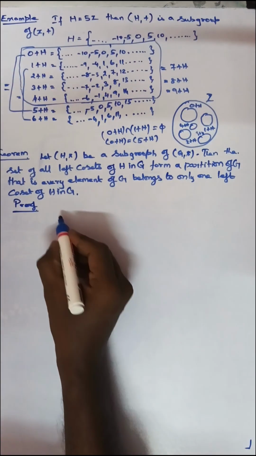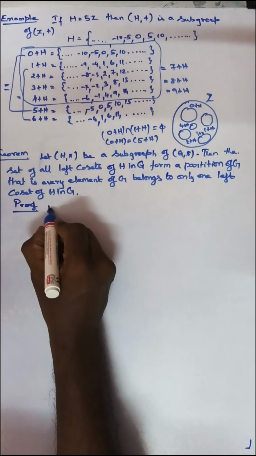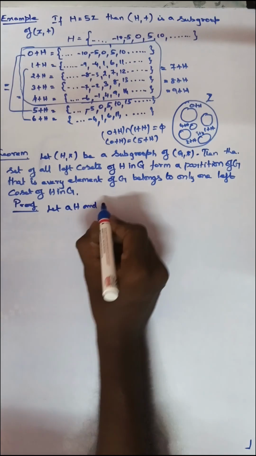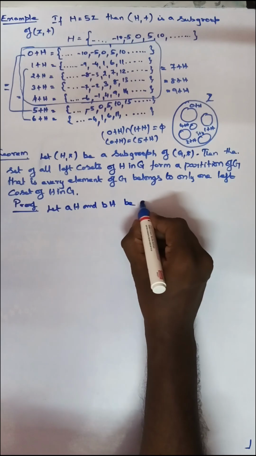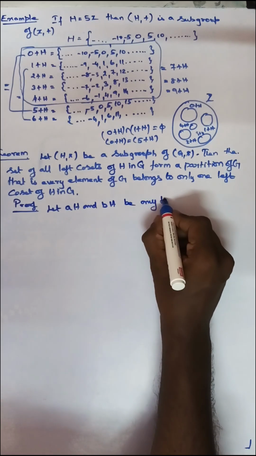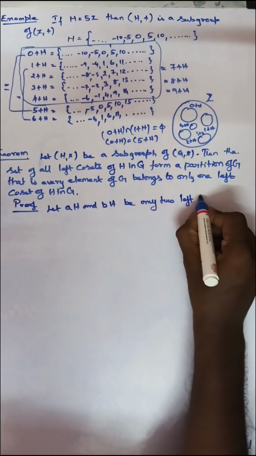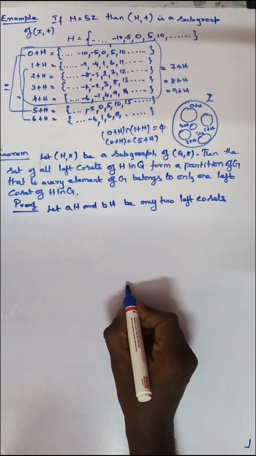Let us consider two left cosets. Let AH and BH be any two left cosets.